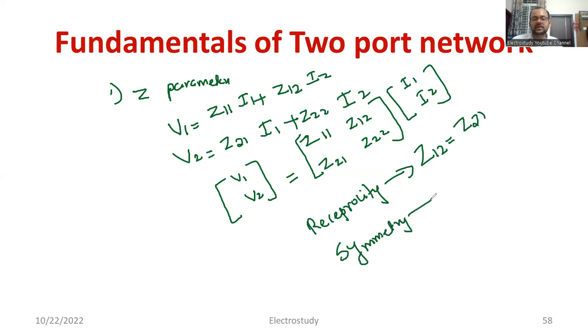What do you mean by symmetry? This is also another important point. If Z11 equals Z22, then we call it a symmetry condition. Understood, no? So these are called Z parameters, or open circuit impedance parameters. I have noted down everything in particular notes, same thing I am transferring to you. So you can make a note of this.